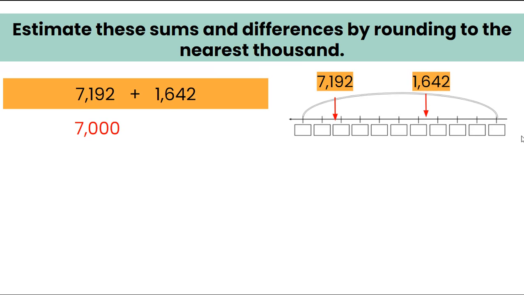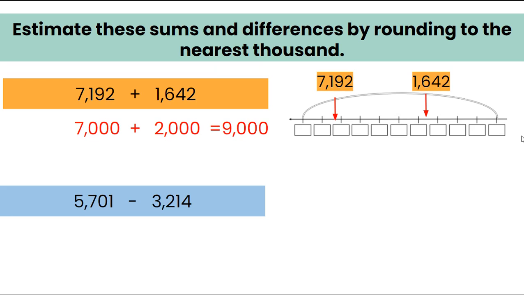My next number, 1,642, is more than halfway. The 6 in the hundreds place also tells me that I need to round up. So I will round this number to 2,000. 7,000 plus 2,000, that equals 9,000.